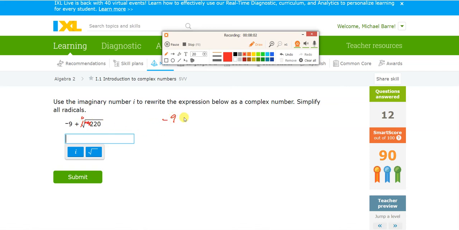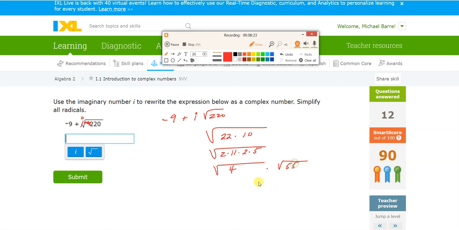So negative 9 plus i square root of 220. Square root of 220, that's 22 times 10. That's 2 times 11 times 2 times 5. So it's really square root of 4 times the square root of 55. So it's 2 square root of 55.